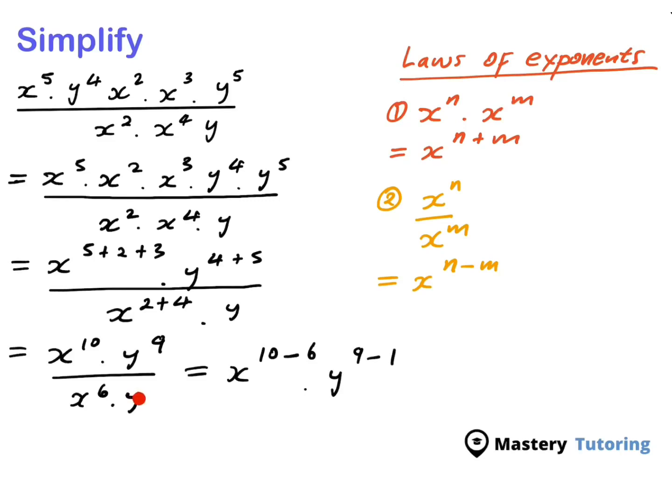Remember, in mathematics, if a number does not have an exponent on it, we always put an imaginary 1 there. This is the reason why I'm subtracting 1 there. Eventually, the answer is x to the power of 4 multiplied by y to the power of 8.